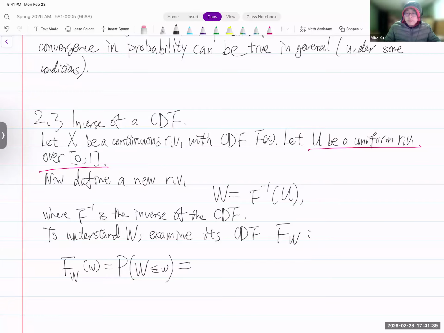W is F inverse of U, so it's P of F inverse of U less than or equal to w. Remember, F is invertible and monotone. F is a CDF function, so it's increasing.